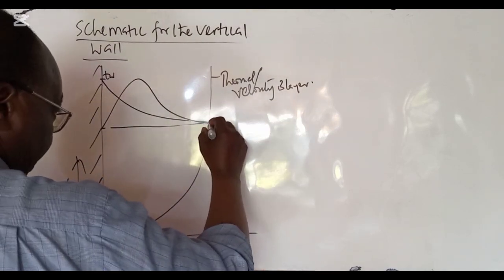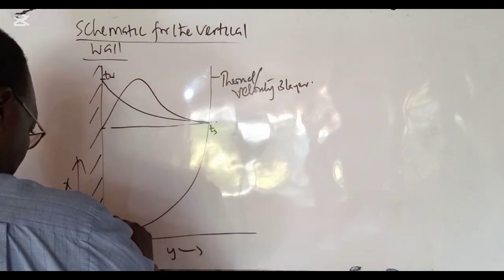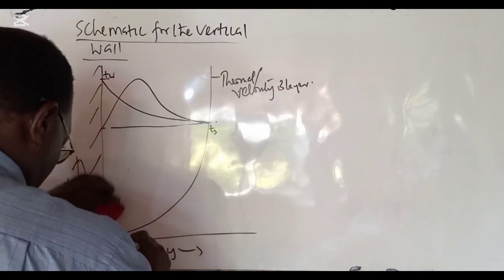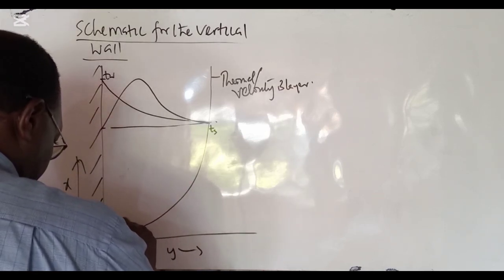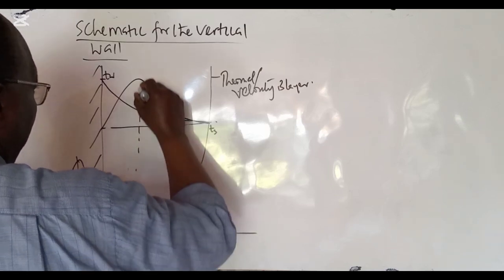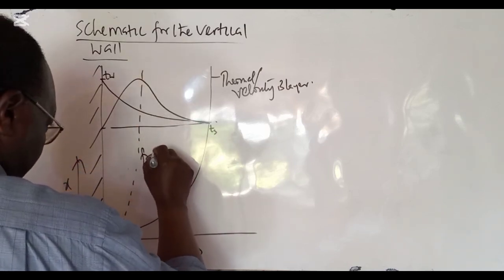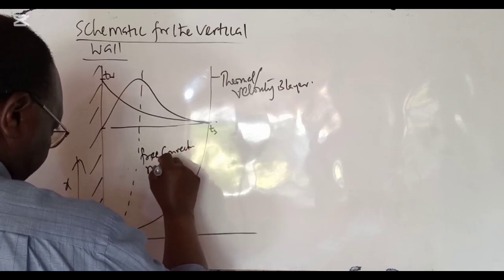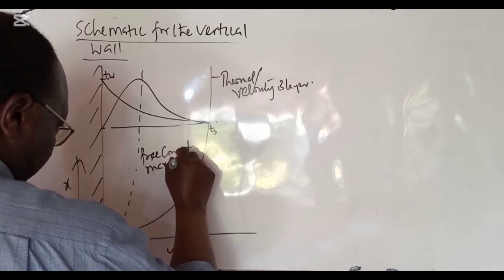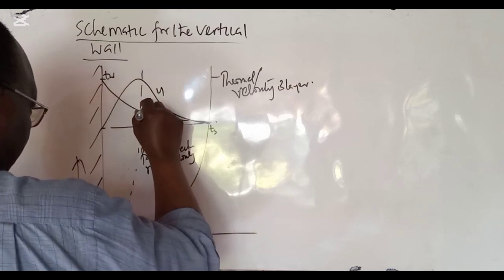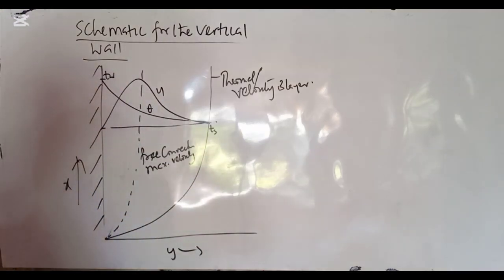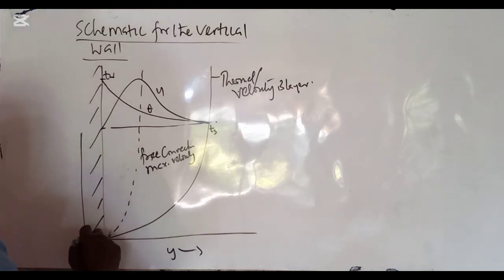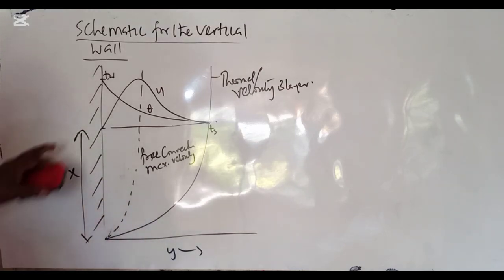So here we have Ts, and of course, this is the free convection maximum velocity. This is velocity, that is temperature. And so, of course, we have this x, the distance.